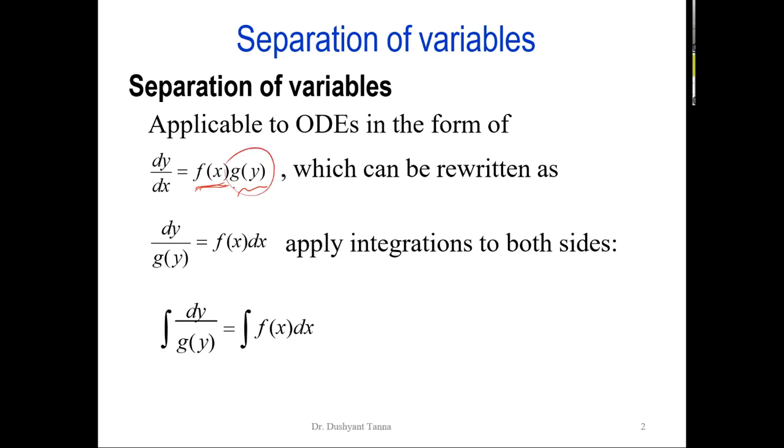So this g(y) will go here and dx will come up. So you get dy, which can be integrated because that's a differentiation over the y term. And then on the other side, we have f(x) and dx, which again can be integrated. So you have everything in the y term, and everything in the x term.